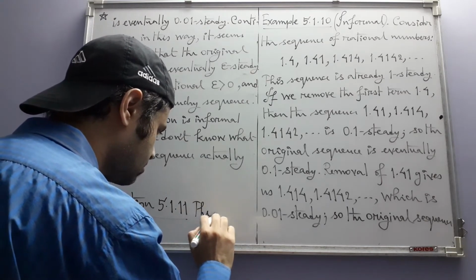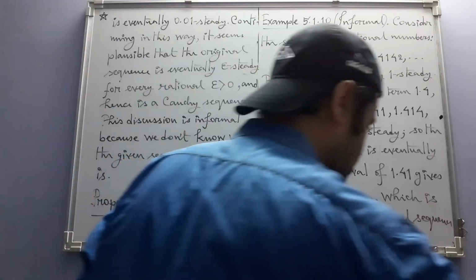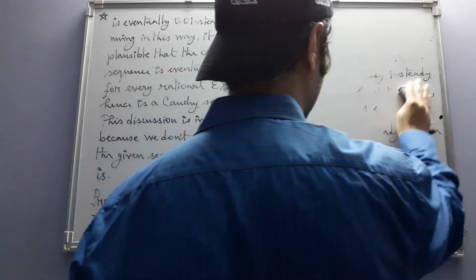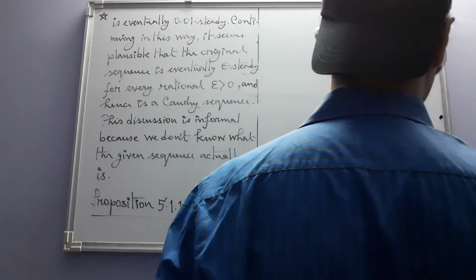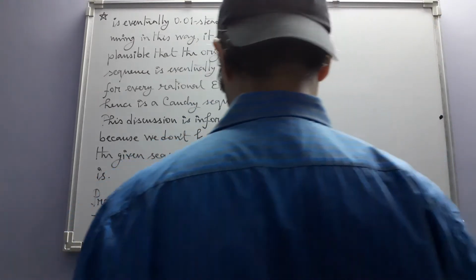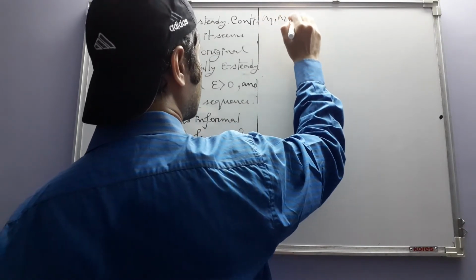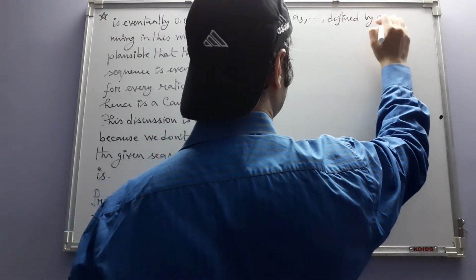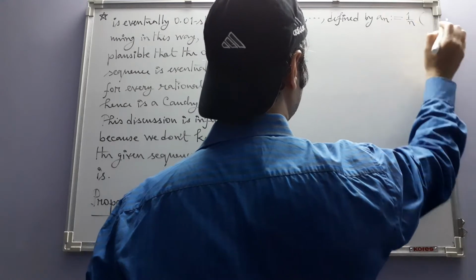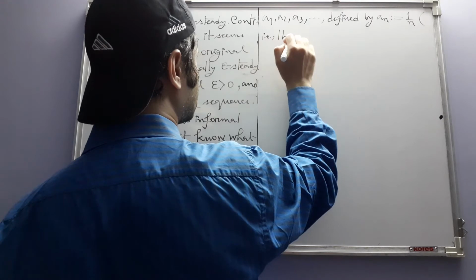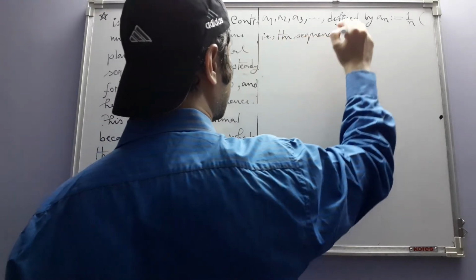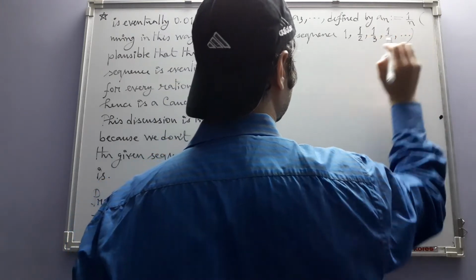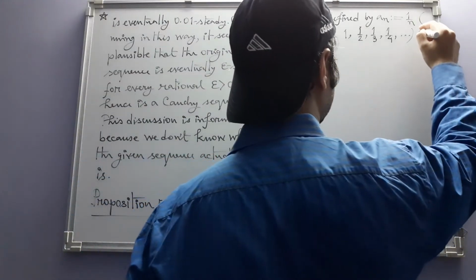The sequence defined by a_n equal to 1 by n, that is the sequence of reciprocals of positive natural numbers, this sequence is a Cauchy sequence.